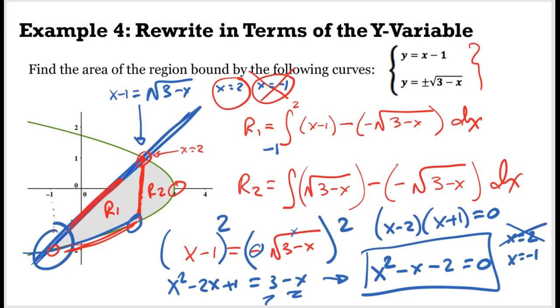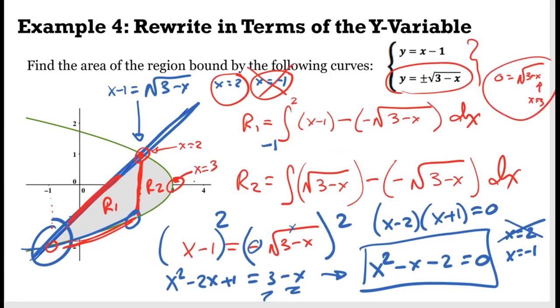And it's going to go to this intersection point x equals 3. You can verify that by setting y equal to 0, and 0 equals the square root of 3 minus x. That means that x must be 3 to get 0. And our bounds for region 2 are from 2 to 3.